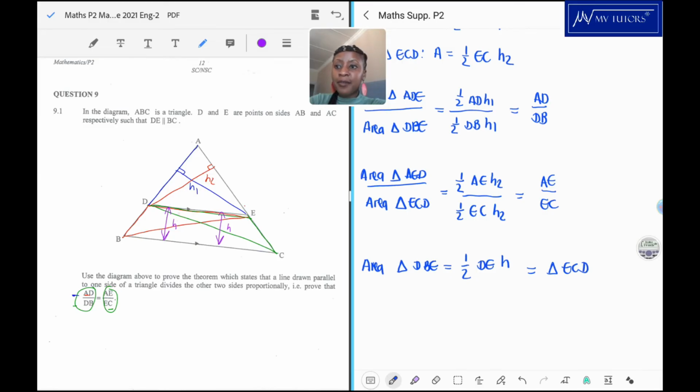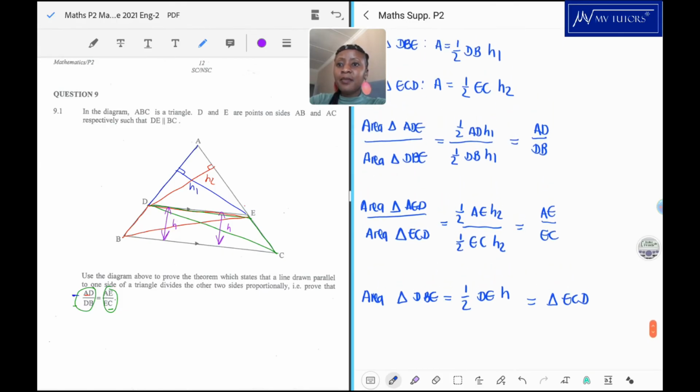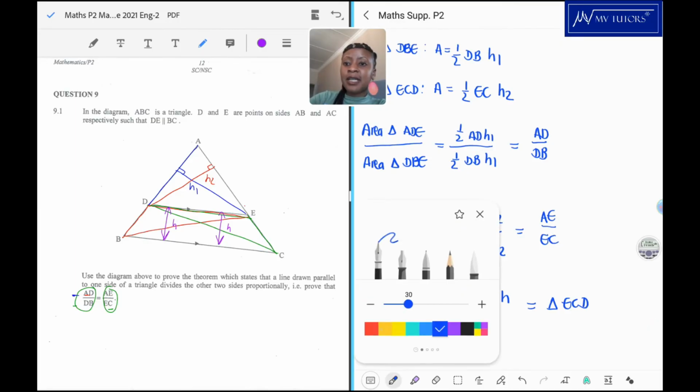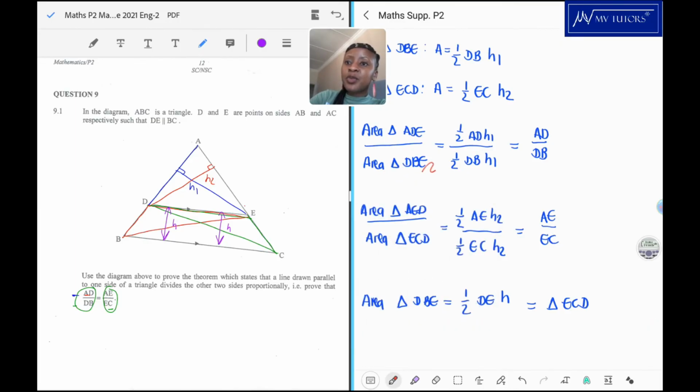I would have half base, which is DE, times height, which is H. Therefore I can conclude, let's use a different color, that triangle DBE is actually equal to triangle ECD. So therefore DB can be equal to EC.